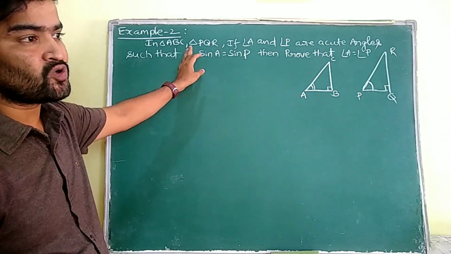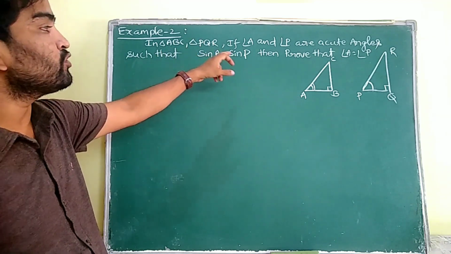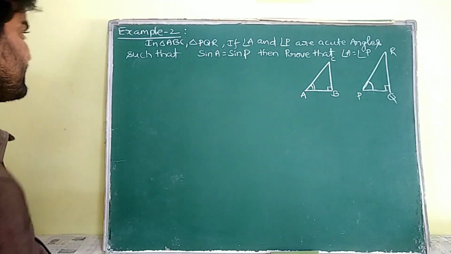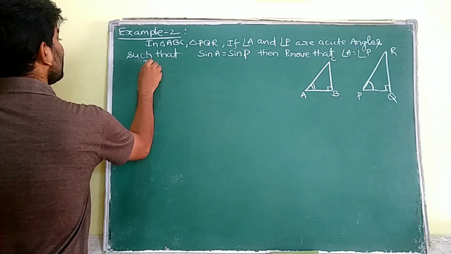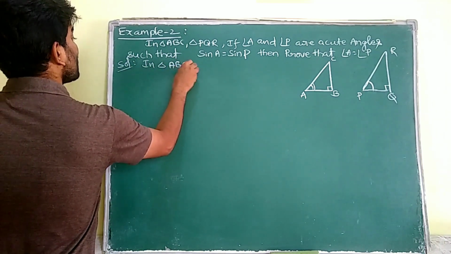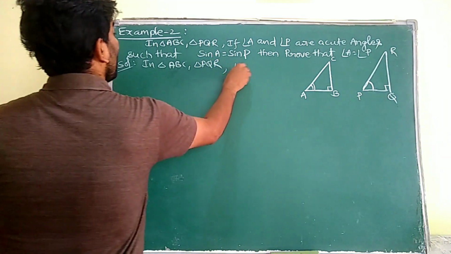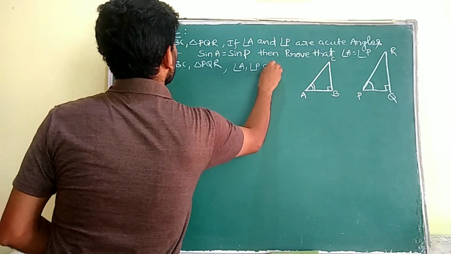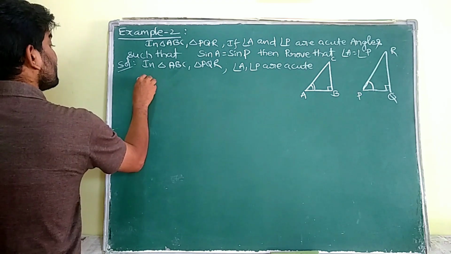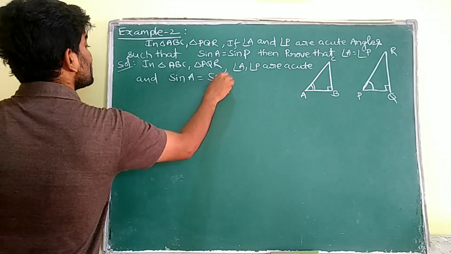Then, in the question itself, it is stated that sin A is equal to sin P. If sin A is equal to sin P, then you are asked to prove that angle A is equal to angle P. That means, given: in triangle ABC and triangle PQR, angle A and angle P are acute, and sin A is equal to sin P.